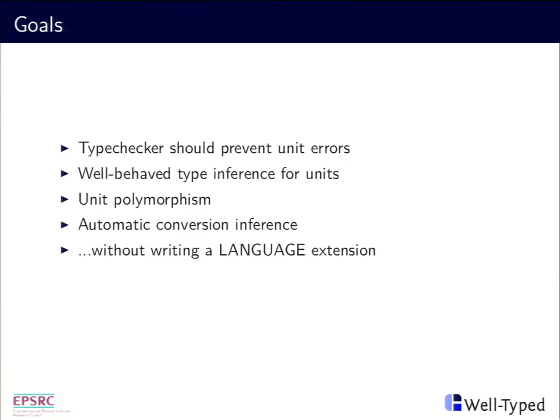And I want to do all of this without having to write a language extension in GHC, because I don't know if you've ever tried, but GHC is a very big compiler. It's hard work to extend it with a non-trivial feature. And so I want some slightly more modular story about how we can add features to the Typechecker without having to implement them directly in GHC and be directly tied into the way GHC does constraint solving.